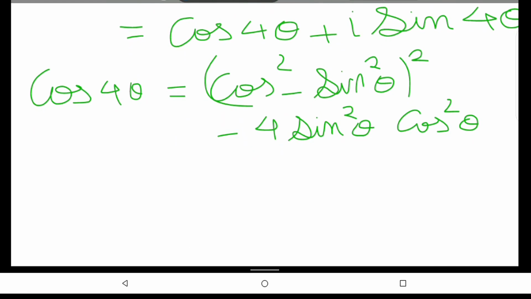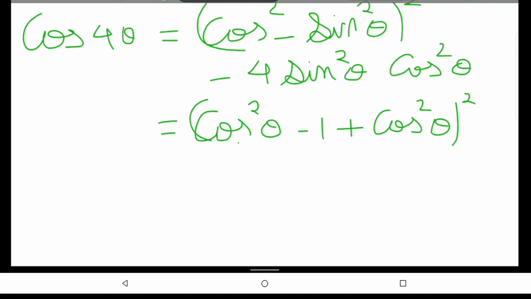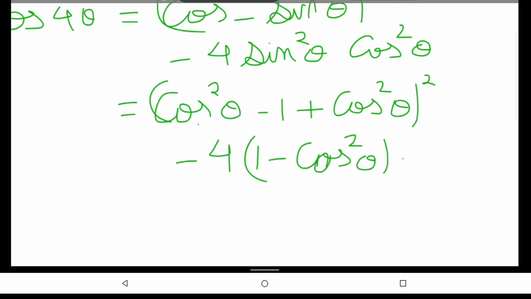As I have said earlier, there isn't anything like sine square theta in our expression that we need to derive. So let's write sine square as 1 minus cos square. So this is cos square theta minus sine square, which is 1 minus cos square, so minus 1 plus cos square theta whole thing square, minus 4 into sine square, which can be written as 1 minus cos square theta, into cos square theta.